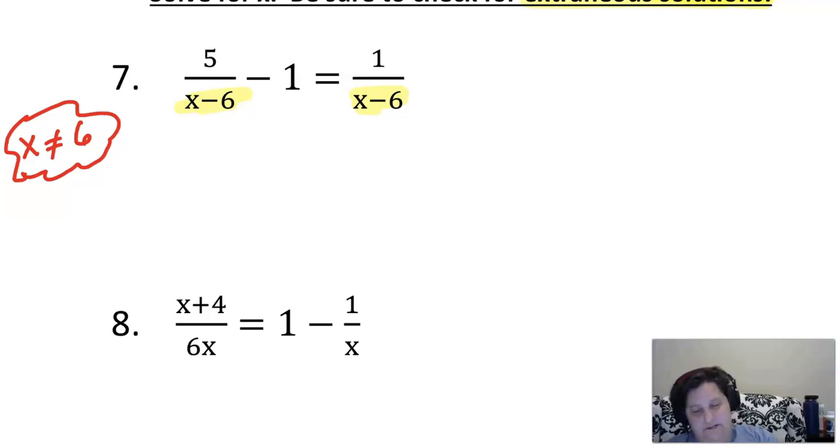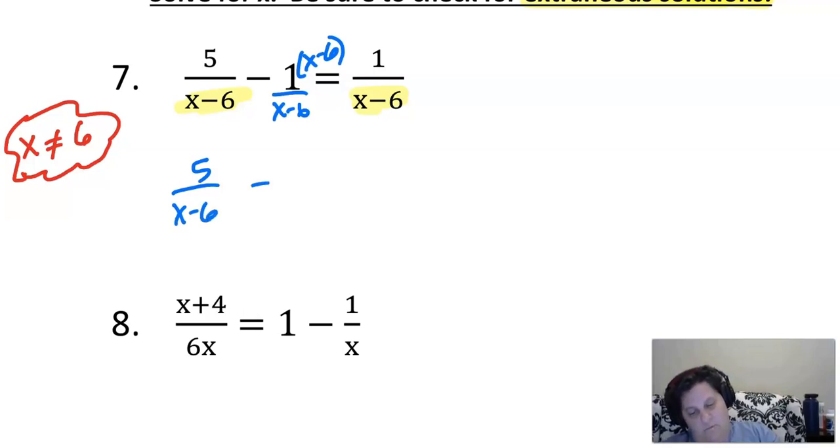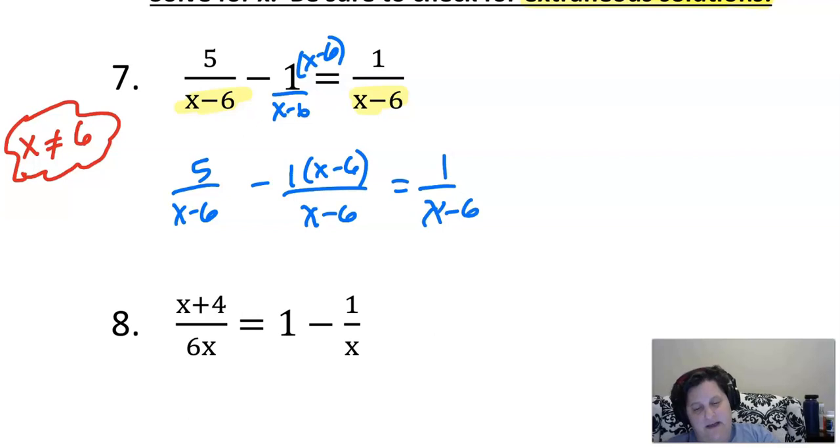A lot of people will teach it like this. I'm going to show you guys a trick, though, that's better. They're going to say, okay, let's get a common denominator. And so I get 5 over x minus 6 minus 1 times x minus 6 over x minus 6 equals 1 over x minus 6. And then they'll say, oh, look, all your denominators are the same. That's great.